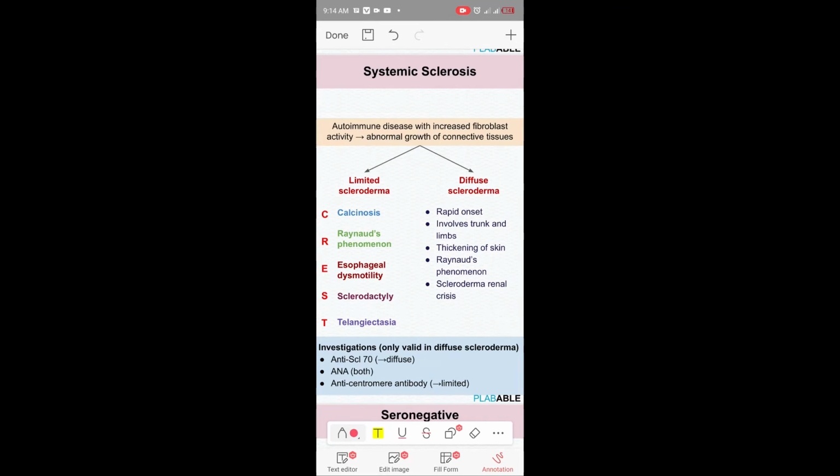The other name for anti-Scl-70, I already told you, was topoisomerase 1. That was anti-topoisomerase 1 antibodies that are in the diffuse, and anti-centromere antibodies that are there in limited scleroderma.